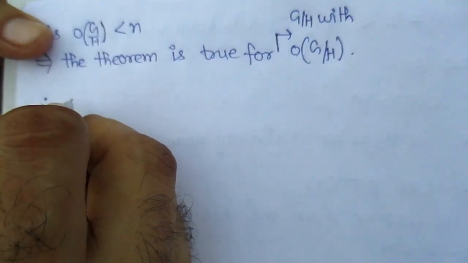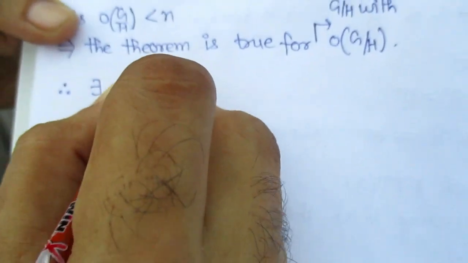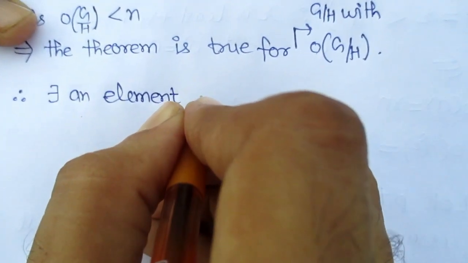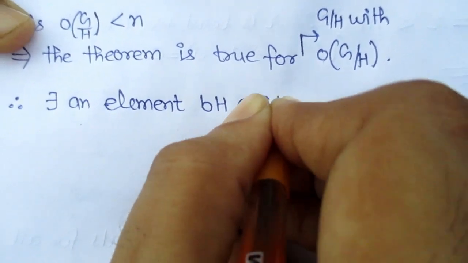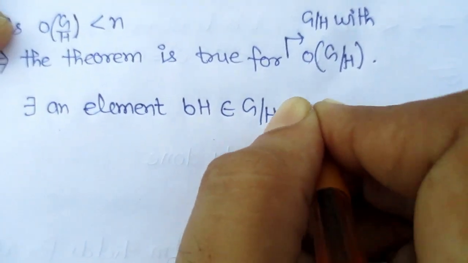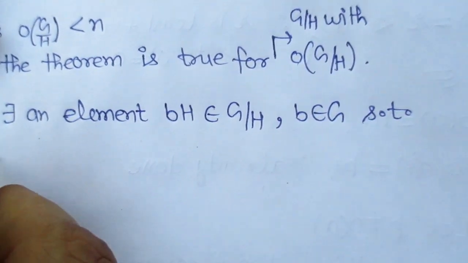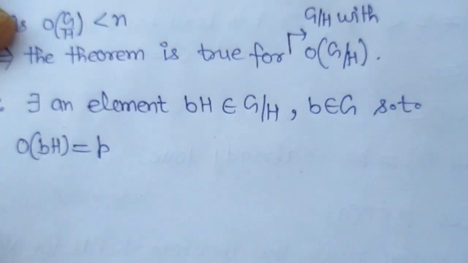Therefore, there exists an element bH in G by H, where b belongs to G, such that order of bH is equal to p.